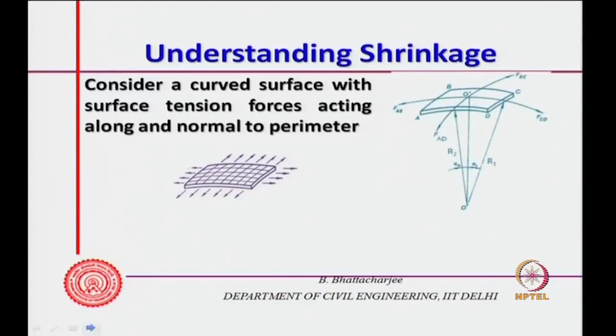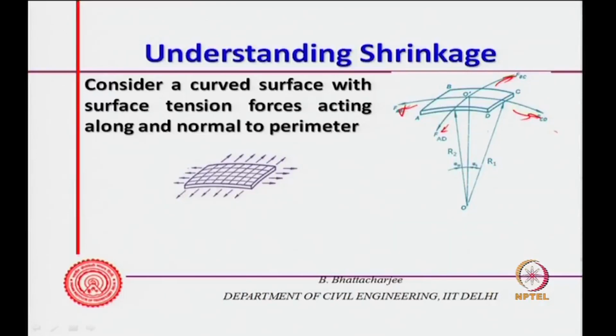So, if I exaggerate this and draw it in this manner, these are the forces acting along this direction on an elemental surface: F_AD, F_CD, F_BC and F_AB. These are the forces that would be acting.